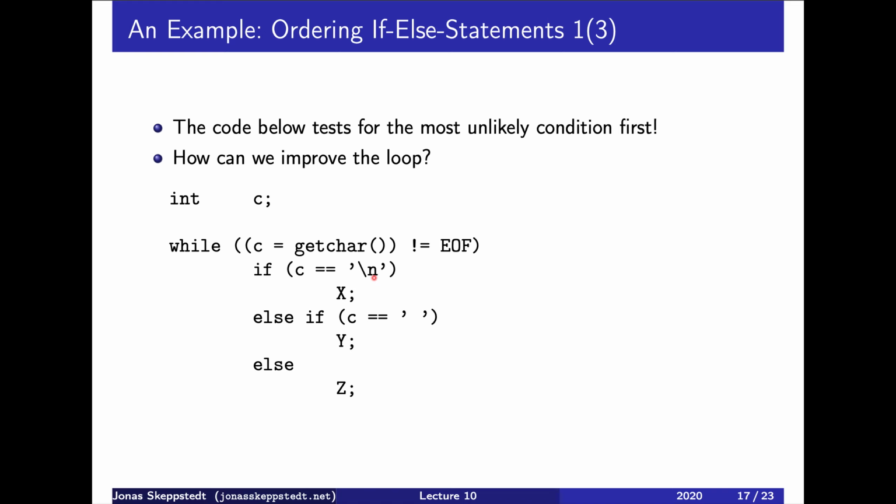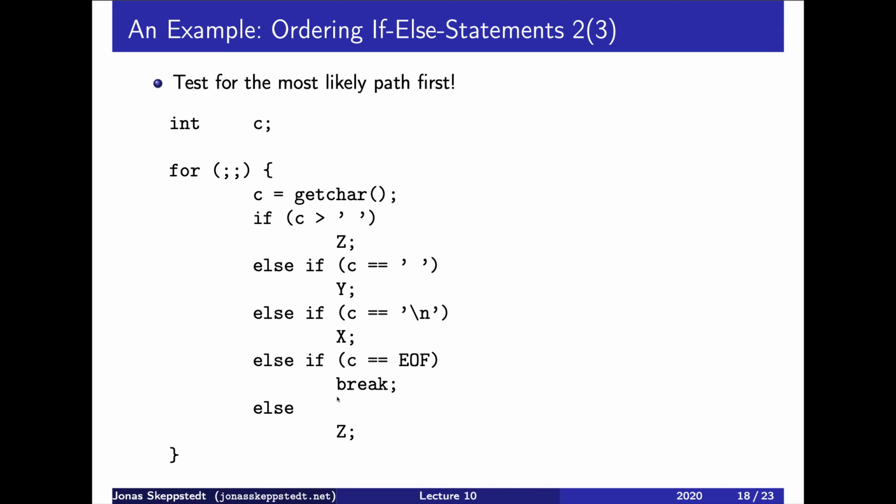And a new line is typically not the most frequent character, and not space either. So we should not check them in this order. All these tests fail, and we should test for this first. So we can change it to this instead.